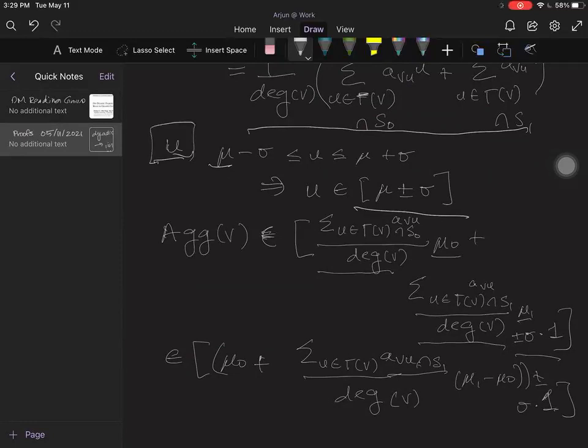I'm just saying for all u that fit this description of being within some bound sigma from mu, we can say that they're an element of this set, mu plus or minus sigma. So what's the semantic meaning of u here? It's not an embedding, right? Yes, it's a node embedding. Okay, so it's a vector. Yes. Okay, it's a vector. So then why do we need to assume this vector is within a range?